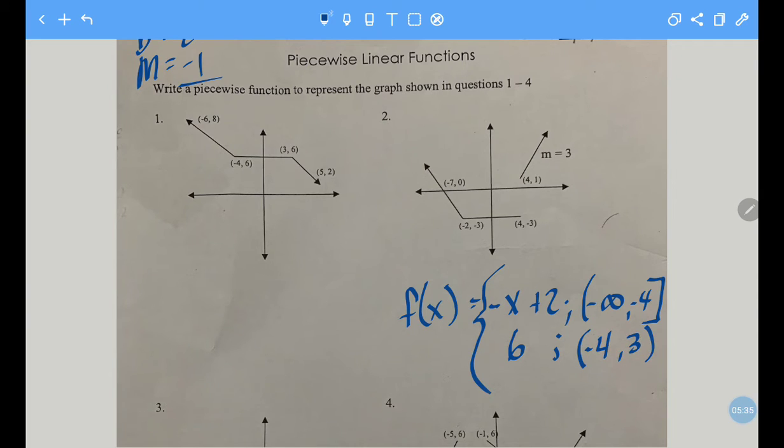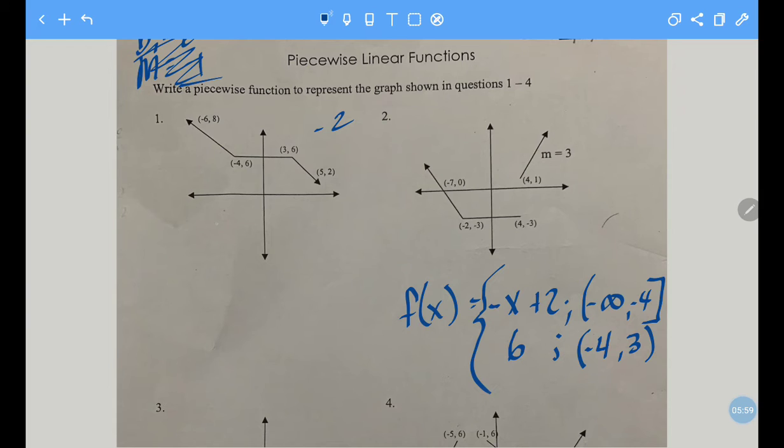Then we've got one last thing. We're going to do the same thing and find the slope: 6 minus 2 over 3 minus 5, which is 4 over negative 2. So my slope for this one is negative 2.